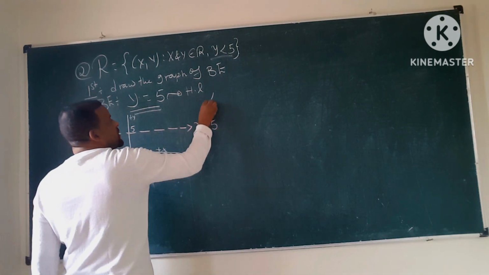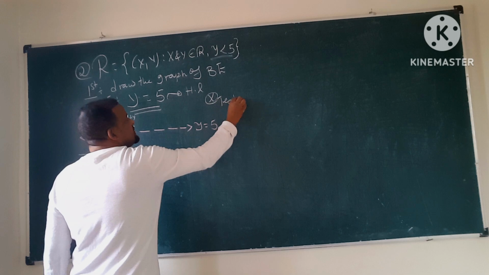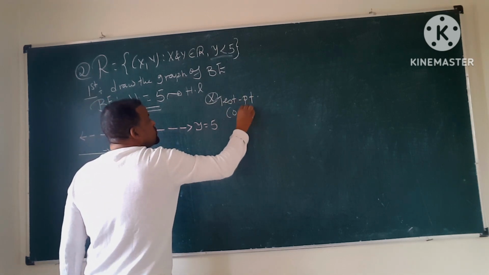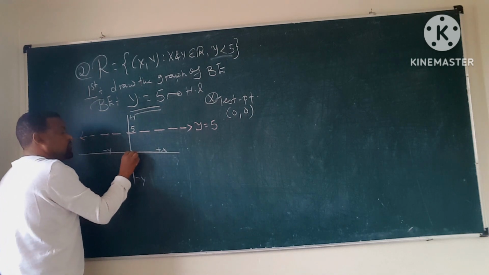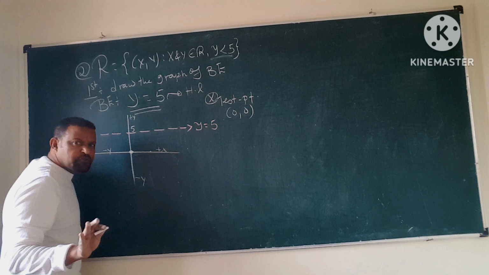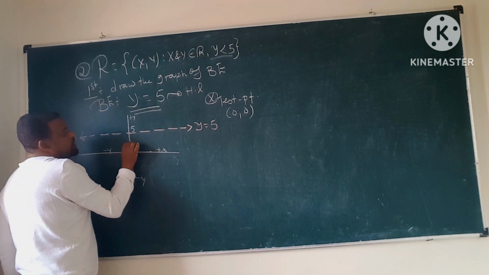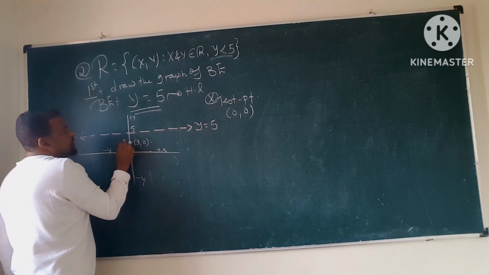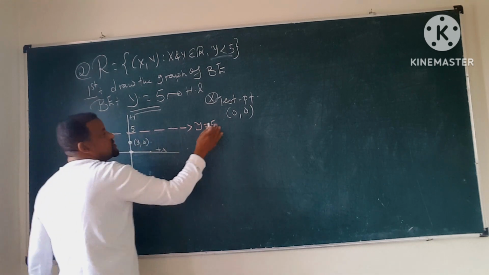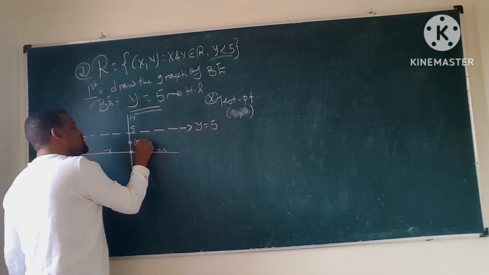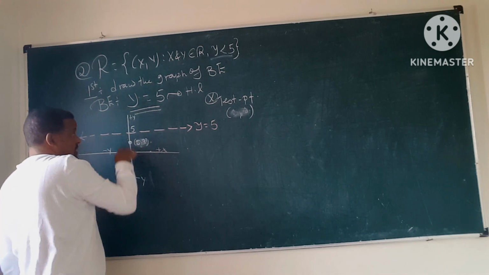Our test point is, say, (0, 3). You can take any point you like. On the y axis the value of x is 0, so the point is (0, 3).